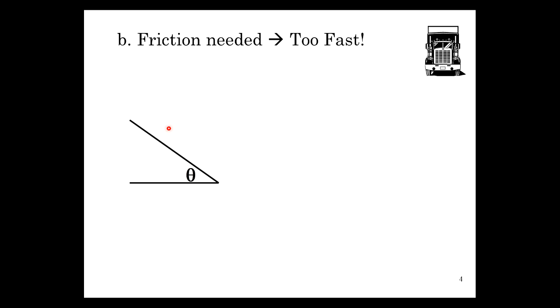So we have the truck here, and it's going too fast, and it would slide up and off the road if it wasn't for friction. So hopefully you can visualize that the friction now has to be downward, or toward the inside of the curve, directed along the line of the bank angle itself, the surface of the road.